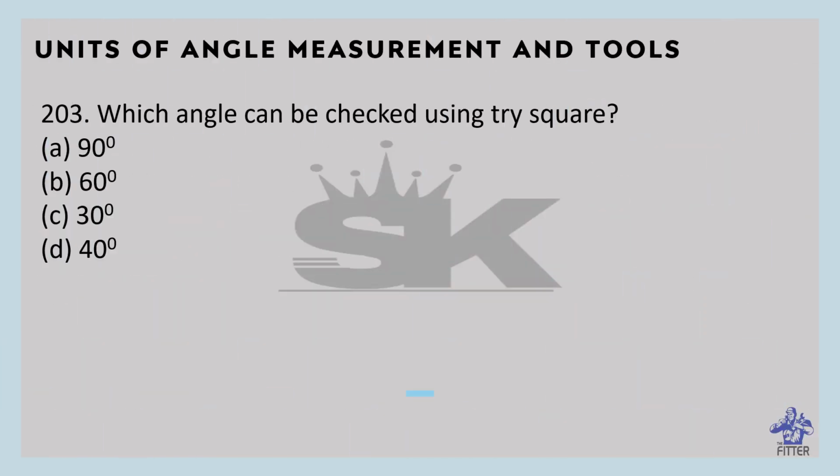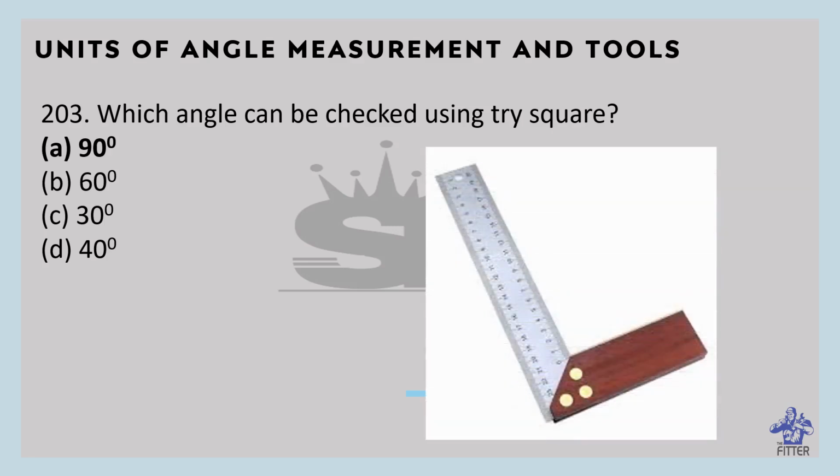Which angle can be checked using tri-square? That is 90 degrees. You can see here in the image, this is a 90 degrees angle. And this is also a 90-degree angle.